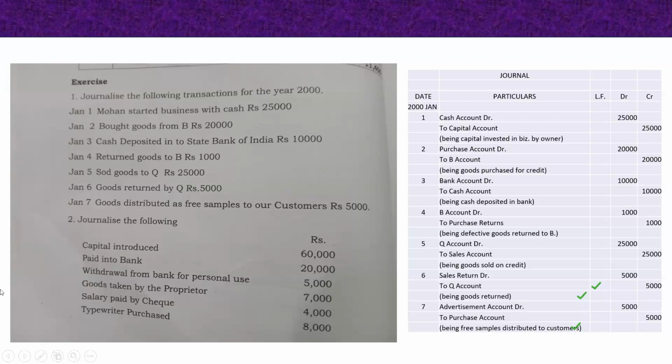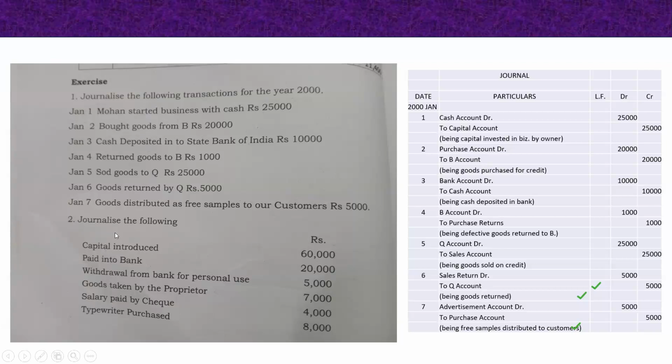I want any of you to volunteer by giving the exact journal entry for the following. You're seeing this slide, right? There is a second exercise here. The first exercise has already been solved and the answers have been displayed.